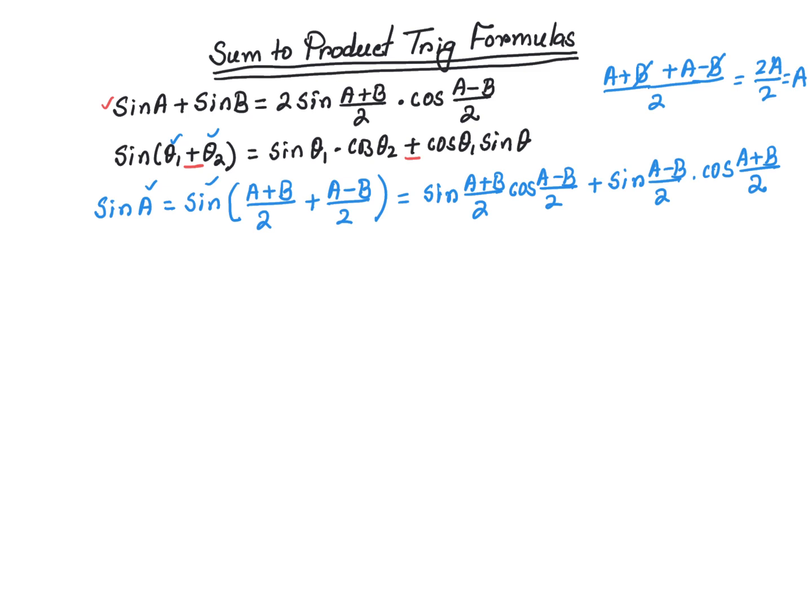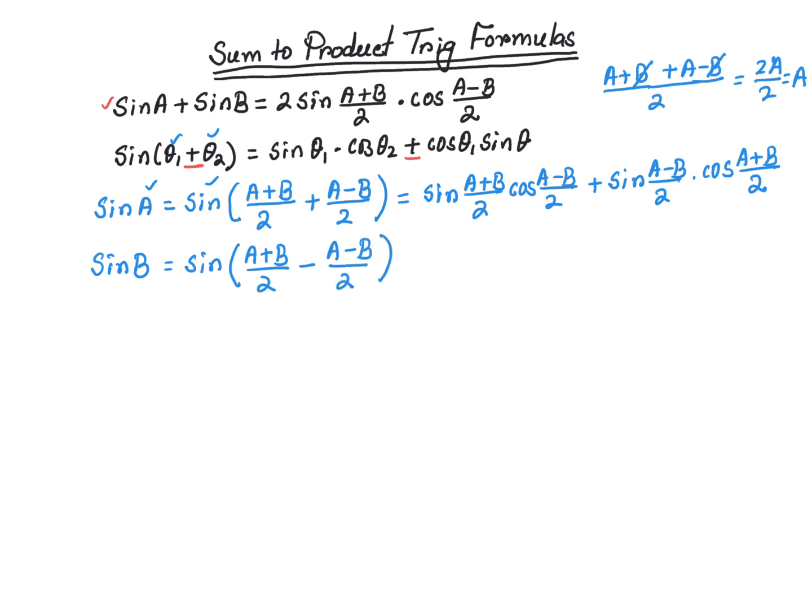Now we are going to do the same thing for sine of B. If I use sine of B, that's going to be equal to sine of (A plus B) divided by 2, and instead of plus, now I'm going to use minus, (A minus B) divided by 2.